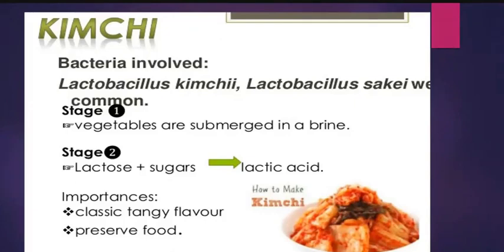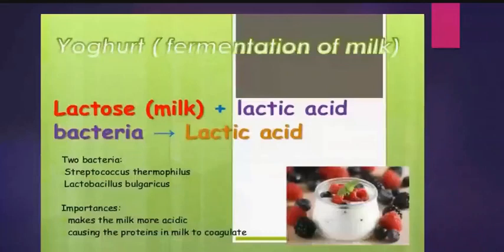So this food will be very tangy, and it is a fermented food. It is maybe used in the east side of our country. Then yogurt, which is what we have in our house. So curd, we can say, is yogurt.